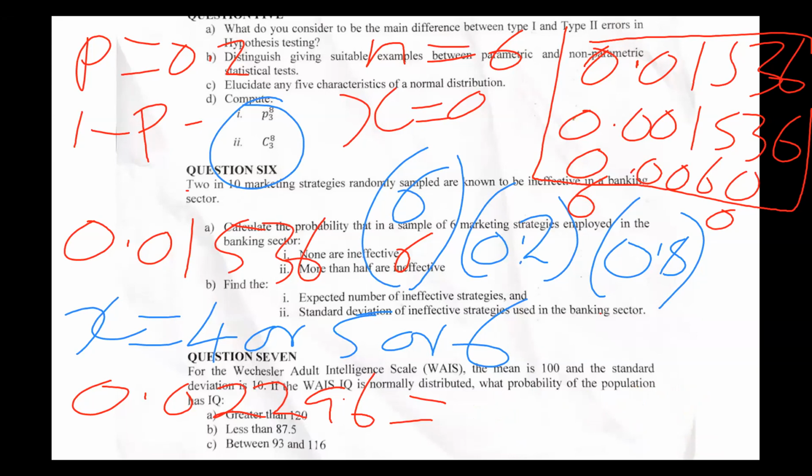I'm getting 0.00004 zeros, then 64. Yeah, me too. Because when you find the combination of 6 and 6, it's 1. Then 0.8 to the power 0 is also 1. So you just power 0.2 to the power 6, and it's giving 0.000064.